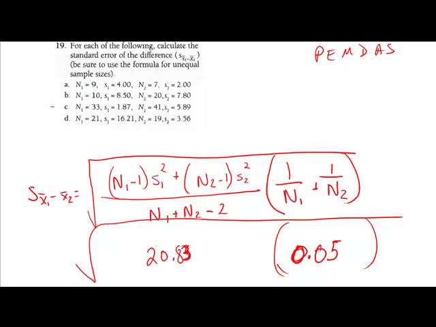Okay, so 0.05 times 20.83 equals 1.0415. Gotta take the square root of that.